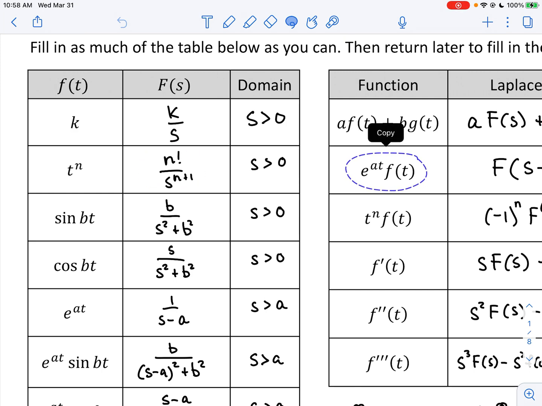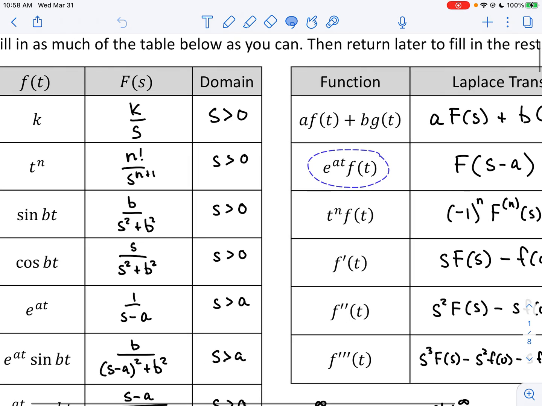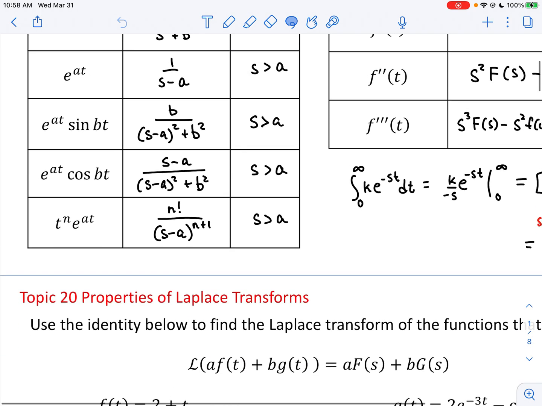So if you're going to do the Laplace transform of t times e to the at, then you're going to get the Laplace transform of just t, but evaluated at s minus a. So if the Laplace transform of t is 1 over s squared, we just simply evaluate that at s minus a. So it'd be 1 over s minus a squared. All that's summarized by this entry right here as well.